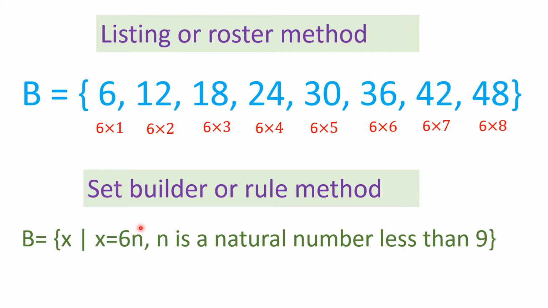When n is 2, you get the second element, and so on. So n takes values 1 to 8, and 1 to 8 are natural numbers less than 9. So you can write this set as B is a set of all x such that x is equal to 6n, and n is a natural number less than 9.